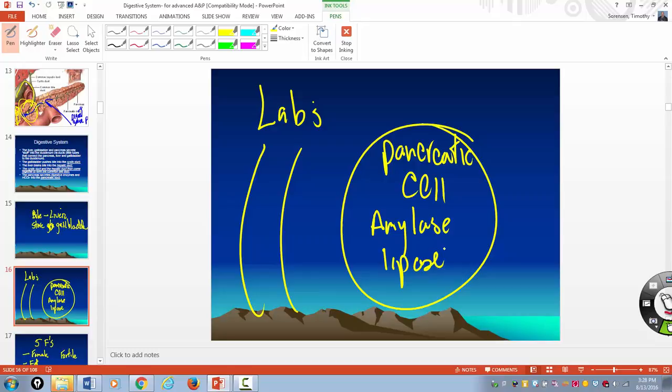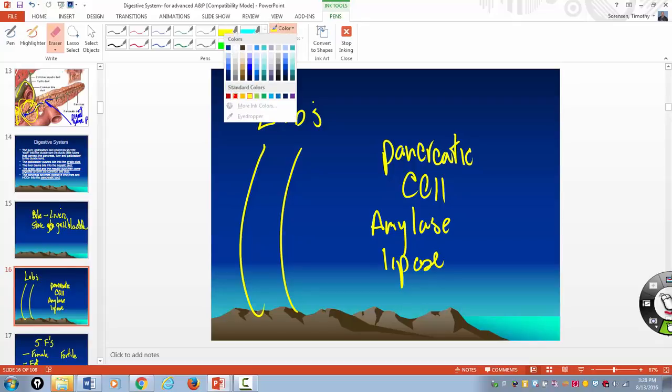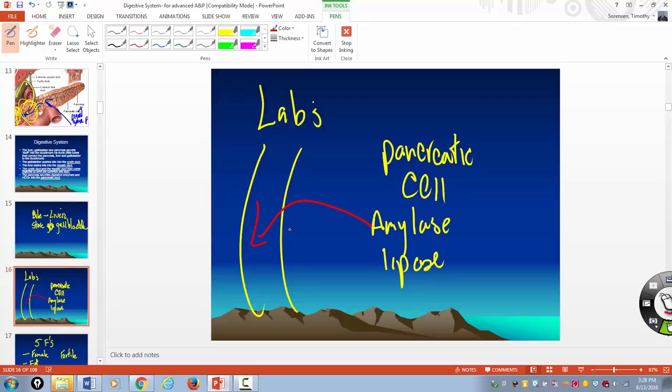If you release the digestive enzymes amylase and lipase, and they start digesting the pancreatic cells, all the amylase and lipase that used to be stored in healthy pancreatic cells will now enter the blood. That's pretty much the gold standard for assessing pancreatitis.